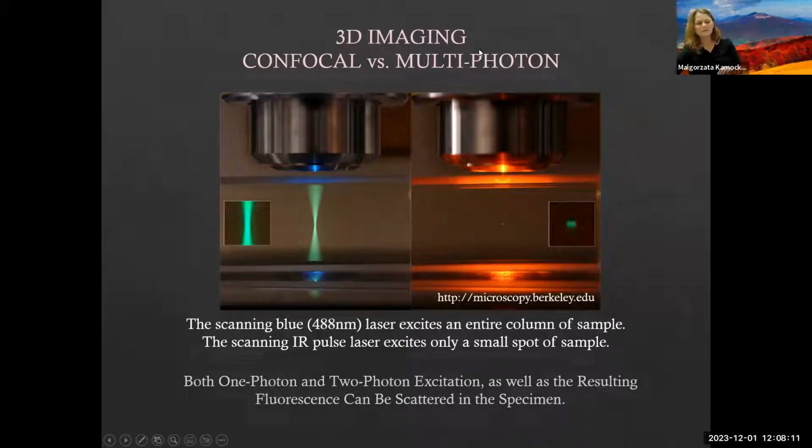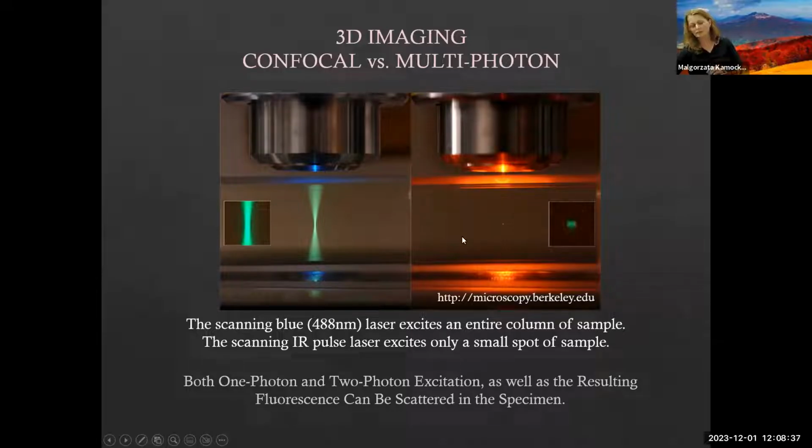On the other hand, in two-photon microscopy, which is the image on the right, we are also able to image only one single focal plane, but it happens on a little different basis. When we illuminate the fluorophore in the volume with an IR laser, the excitation will happen only in a small spot of the sample.